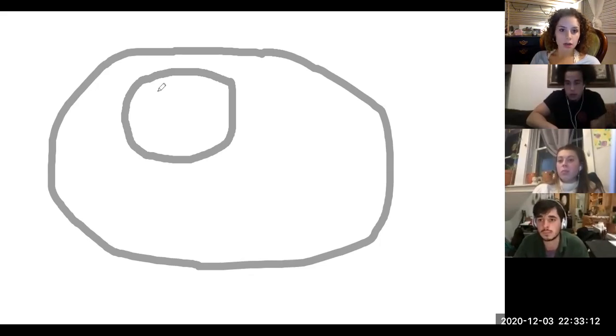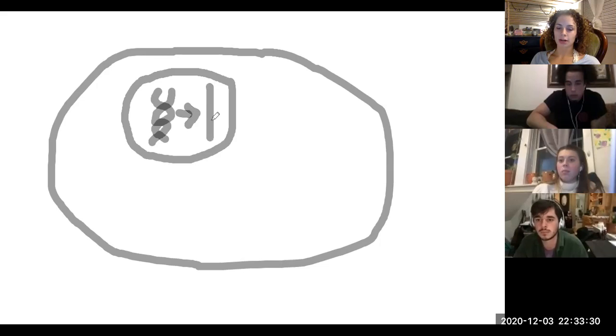Now, let's go ahead and talk about what is held inside the nucleus. We know DNA is held inside the nucleus. Here is my little DNA, my little double helix. Now, DNA is going to be transferred into what is called RNA. Dan, I think you asked me about RNA just before we started the video. So this is DNA, this is RNA. Think of it like different languages.